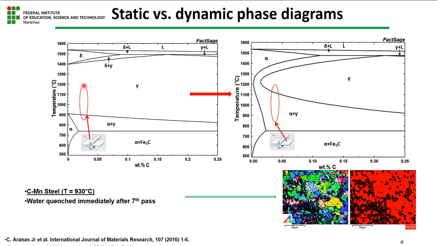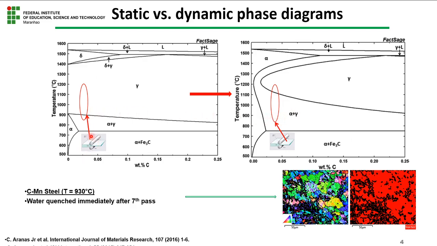But what we have investigated is that by applying a force over the material, this line, known as the A3 temperature line, goes up, and this double-phase region becomes wider.